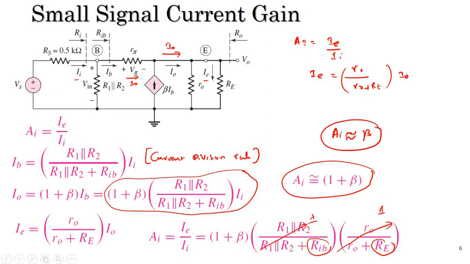Yes, you will obtain current gain in the case of the common collector amplifier, but voltage gain will be nearly equal to 1.